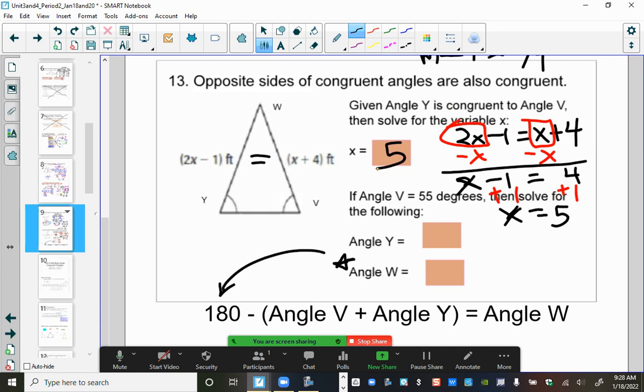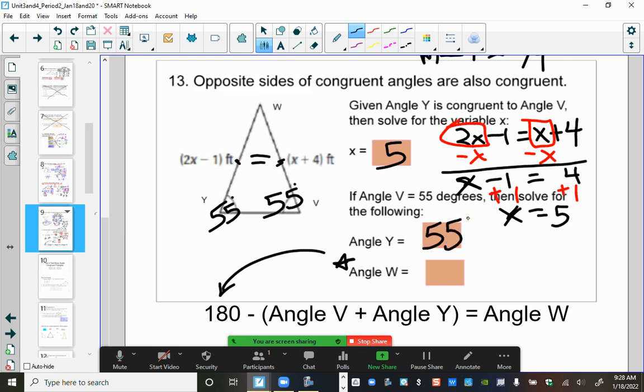Now, the other part is where a lot of us made mistakes. A lot of us got a 55 here, and 55 over here, because since these two sides were congruent, their opposite angles were congruent. So a lot of you got that part right as well.